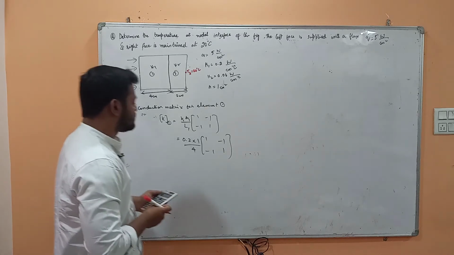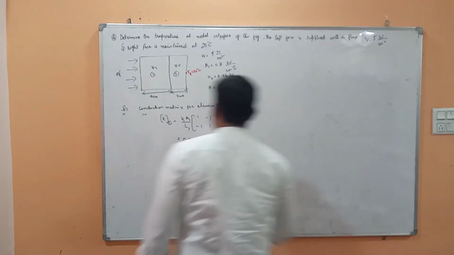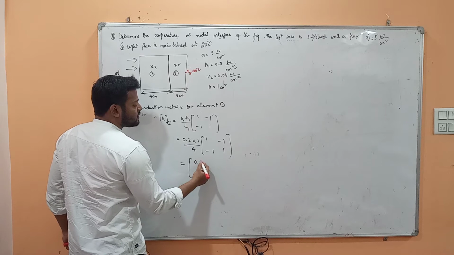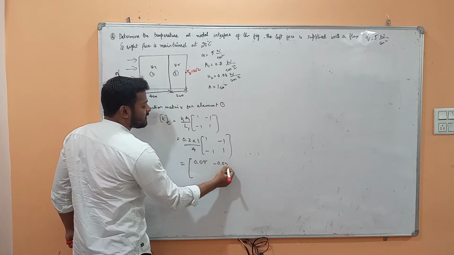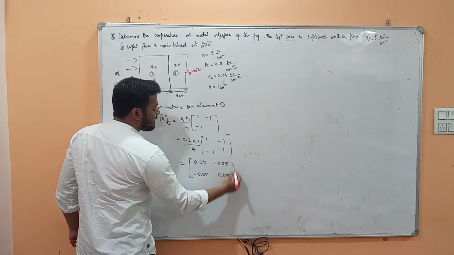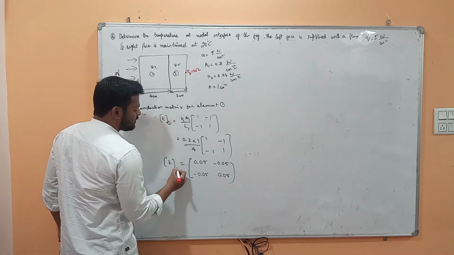So this is 0.05. If I take 0.05 inside the matrix, it becomes [0.05 -0.05; -0.05 0.05]. So this is matrix K for element 1.